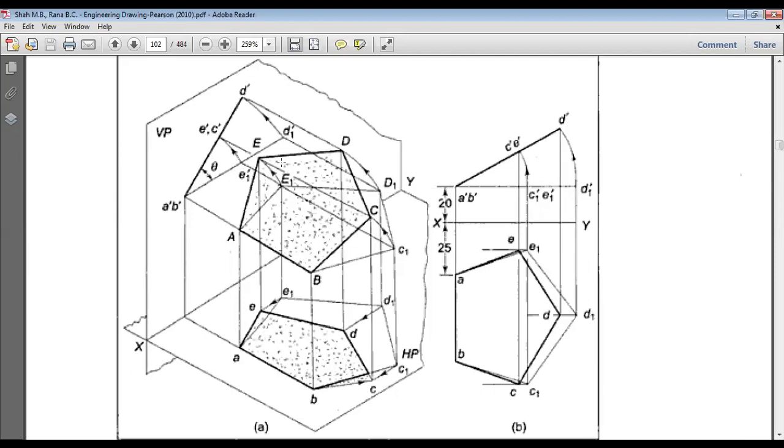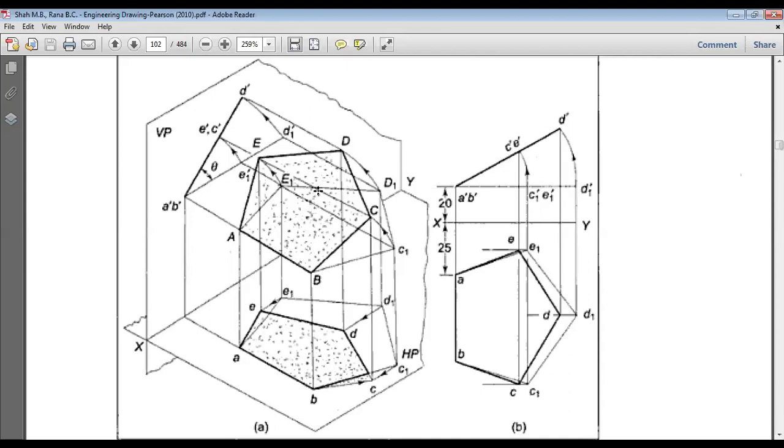This is drawn very clearly: perpendicular to the VP and inclined to the horizontal plane. So in order to draw this figure, if you look from the top view, tell me whether you are going to get a true shape whenever you draw from the top view.